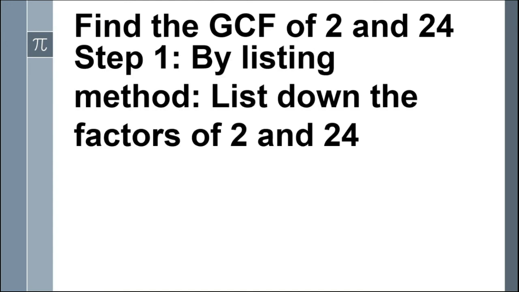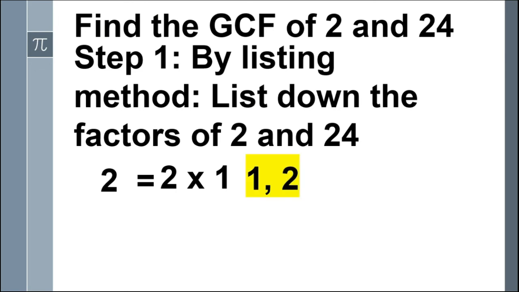Find the GCF or greatest common factor of 2 and 24. Step 1, by listing method. List down the factors of 2 and 24. Ang factors ng 2 ay 2 times 1. Yan lang po. So ang factors niya kapag nilista nyo ay 1 and 2.